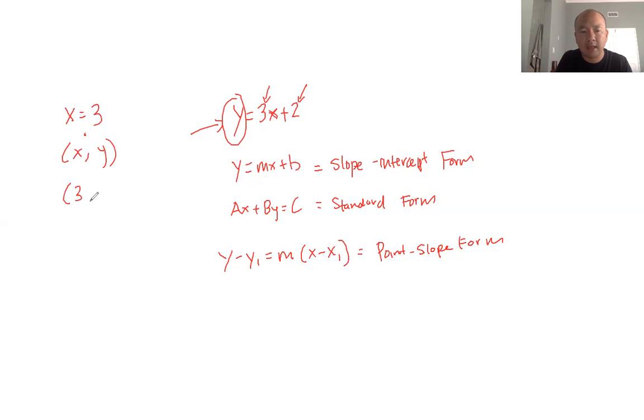As long as the x value equals 3, y could be whatever it wants. So (3, 0), (3, 4), I'm just picking random numbers for y, because as long as the x value is 3, you're good. So that's where x is equal to 3.